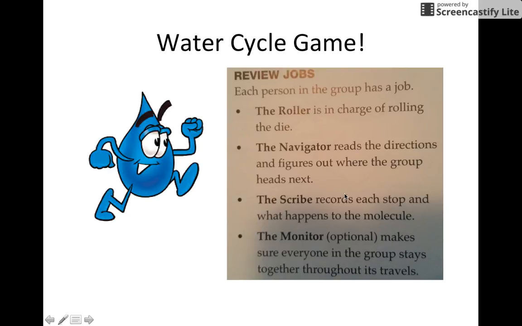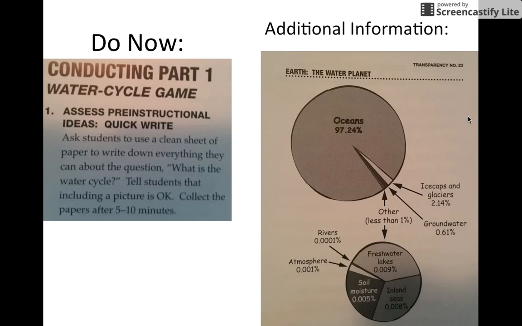Assigning jobs, these were right from the teacher's guide. Assigning jobs ahead of time will also help with the management issue, but it's something to keep in mind. The teacher's guide provides you with a do now in the form of a quick write and provides additional information about the distribution of water on Earth.